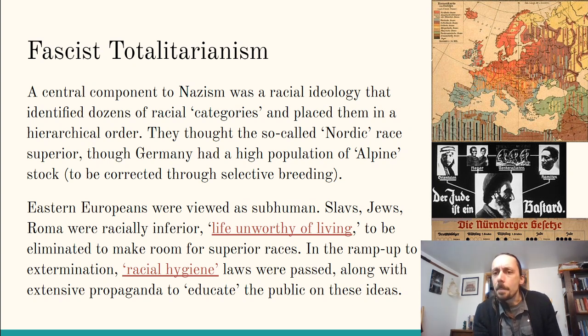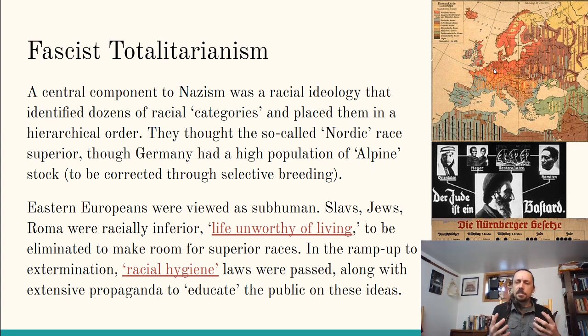And here we have a map of the proportion of the various European breeding stocks in Europe that the Nazis came up with. If you do a deep dive into this, you'll find that it makes zero sense, right? So you have the Mediterranean people down here, you have the Alpines, you have some Nordic up here.